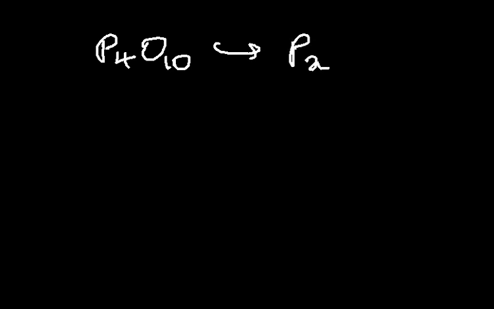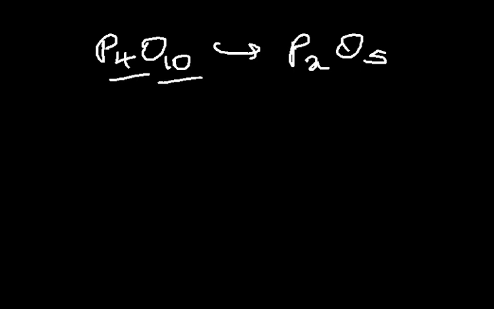And let's say we have another case, B4O10. What is the empirical formula for this? The empirical formula will be B2O5, upon having the simplest ratio.